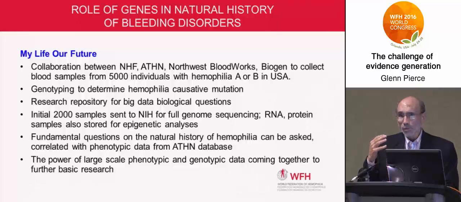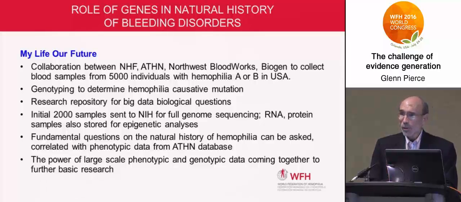But the real reason and the important reason for doing this is to create a research repository where DNA can be analyzed and looked for, and one can look for risk factors for the complications of hemophilia, whether it's inhibitors or joint damage or other risk factors. Initially, 2,000 samples have been sent to the NIH for full genome sequencing, and that's already ongoing.